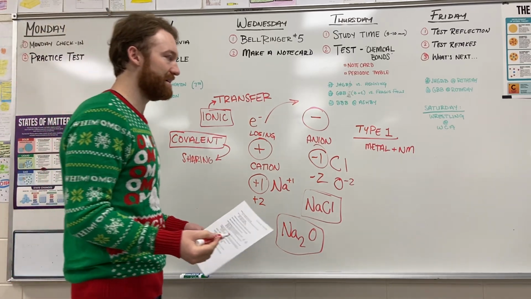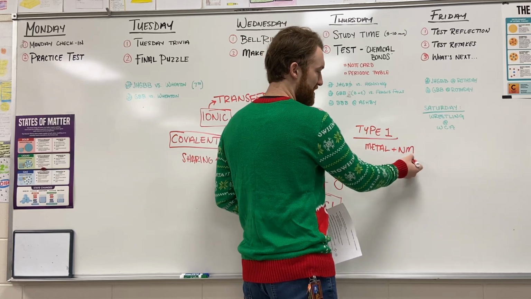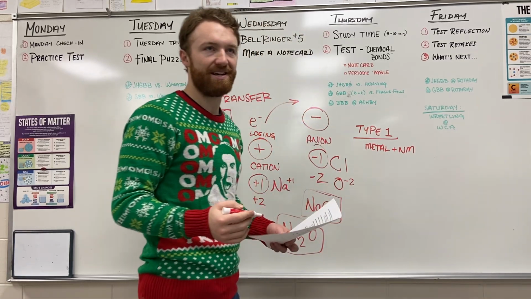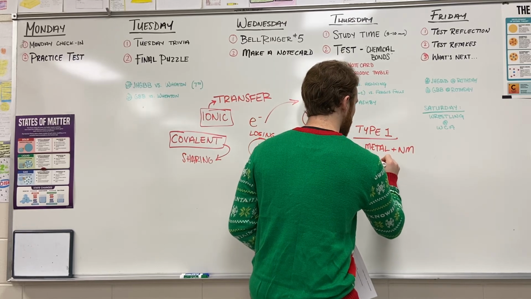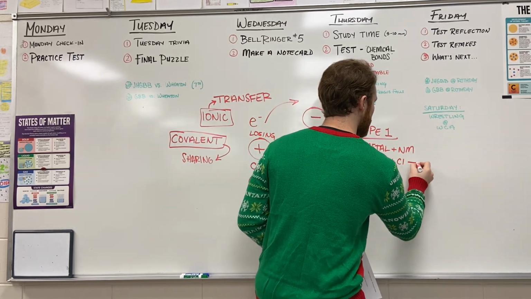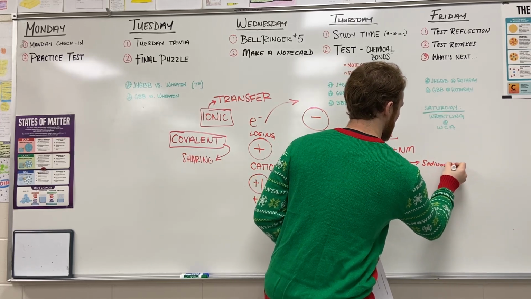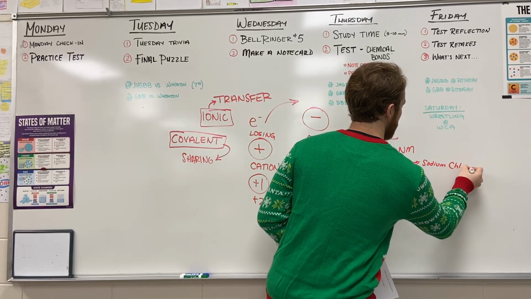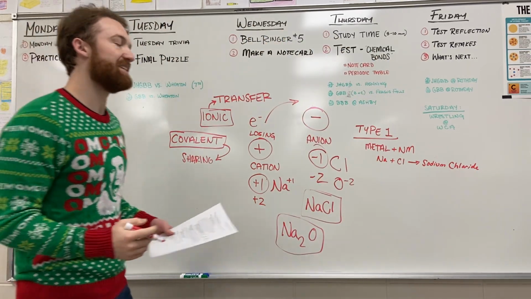When we were naming these, all you have to do is say the name of the metal, like sodium, and then the non-metal, the last 3 letters would end in IDE. So if you had a metal like sodium bonding to chlorine, we would call this sodium chloride. Okay, so NaCl would be sodium chloride, and that's a type 1 compound.